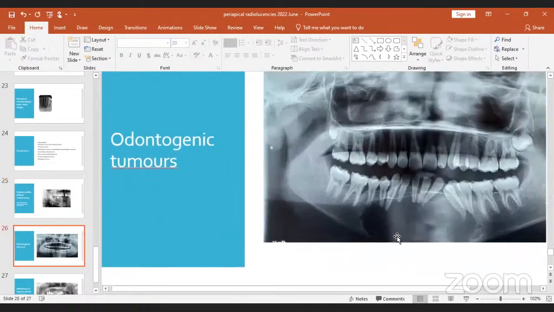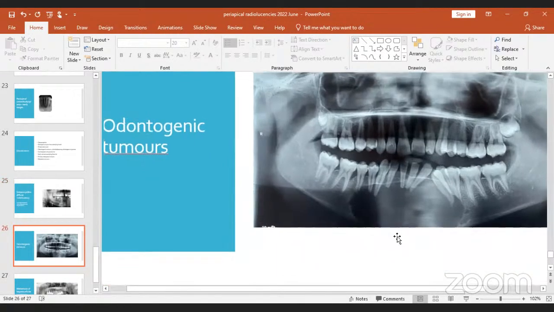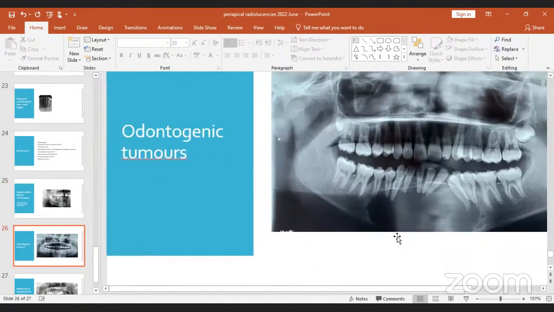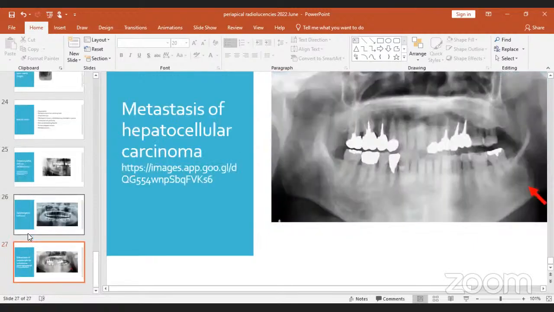And then odontogenic tumors and cysts will also appear as radiolucencies. There are those that are unilocular, others are multilocular. This one is unilocular, and it's a radiolucency that is periapical. There are many tumors that will present this way, so the only way you distinguish them is mostly through histology.